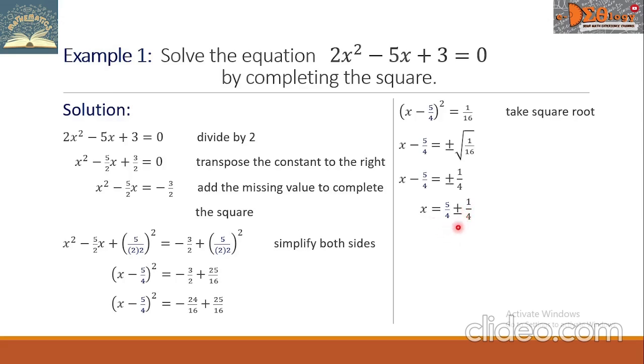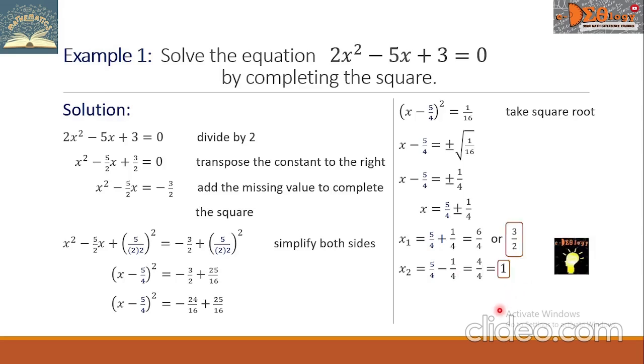Let's begin with the plus, that is the x sub 1. We have now 5 over 4 plus 1 over 4. This is equal to 6 over 4 or 3 over 2. Now, the minus, that is our x sub 2. We have 5 over 4 minus 1 over 4 equals 4 over 4 equals 1. These are now the values of the x. We call these solutions or roots.